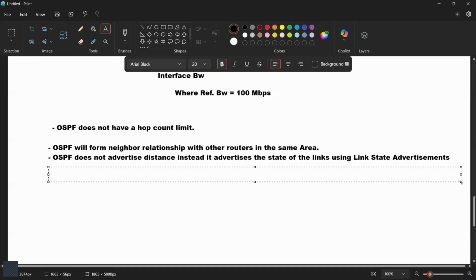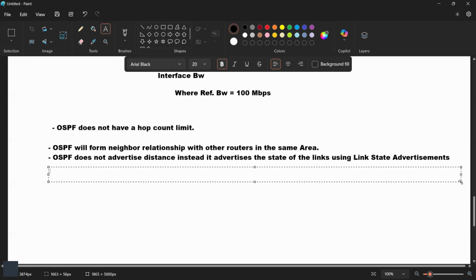Since OSPF is advertising link state advertisements, it does not advertise distance within the same area. How many types of LSAs are there? 7 types.